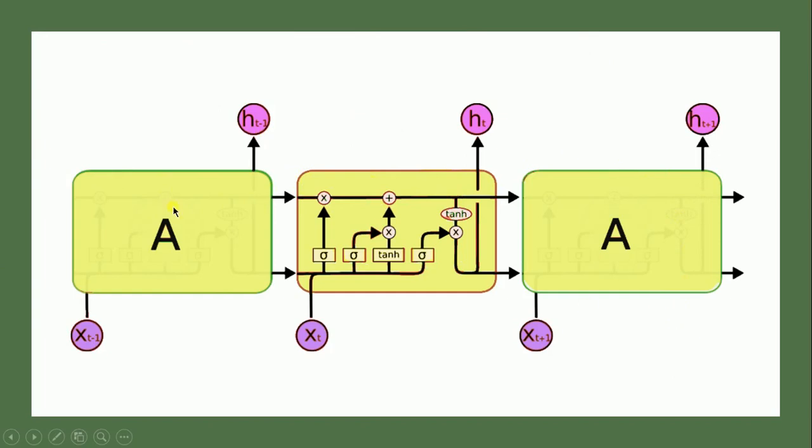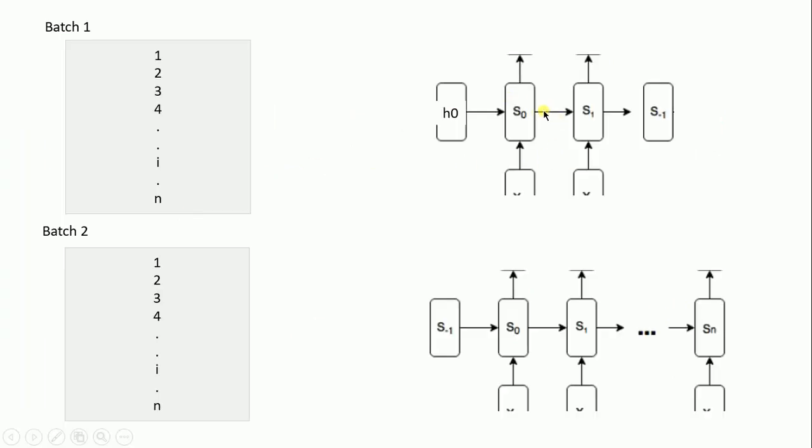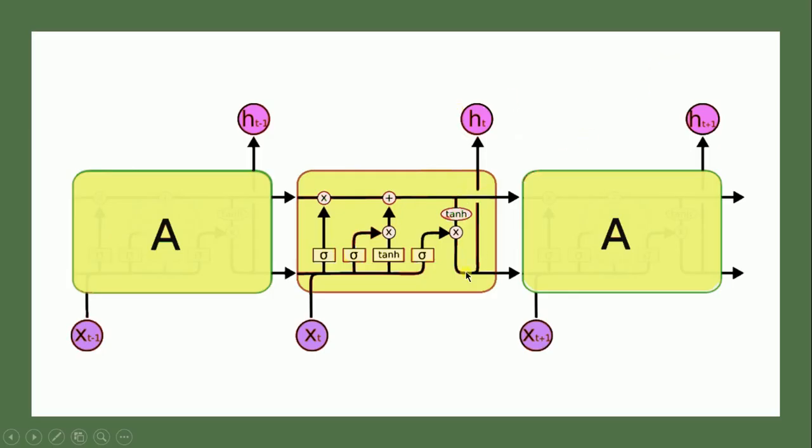Previously we saw one arrow here, but it's actually two arrows: one is the hidden state and the other is the cell state. The hidden state and the cell state are both passed to the next cell by the previous cell. So return state returns the cell states to the user, to the next layer. It consists of two things: the hidden state and the cell state.